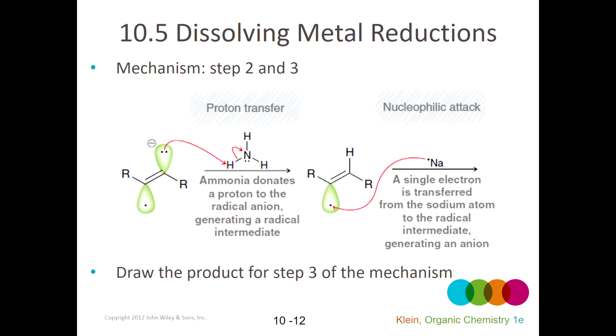A carbon with a negative charge is almost always less stable than a nitrogen with a negative charge. So when this carbon picks that proton up and the nitrogen keeps these electrons here, the nitrogen will take on a negative. The nitrogen has the electron pair in an sp3 orbital, versus over here, this is an sp2 orbital.